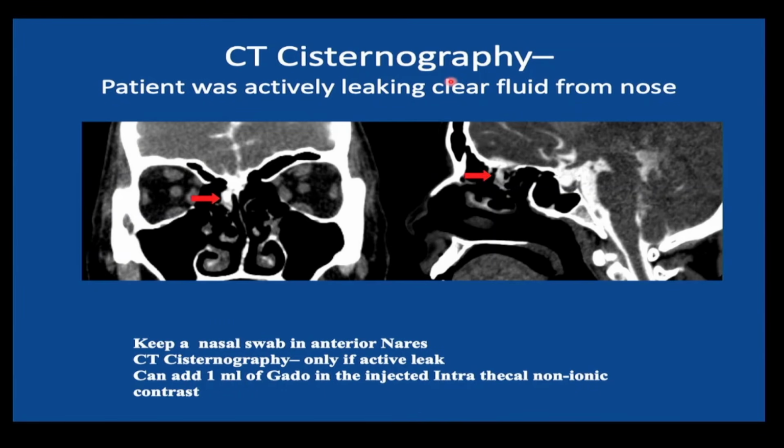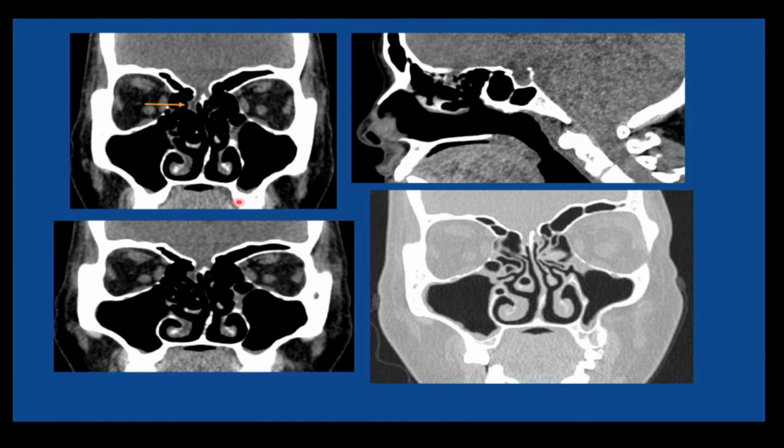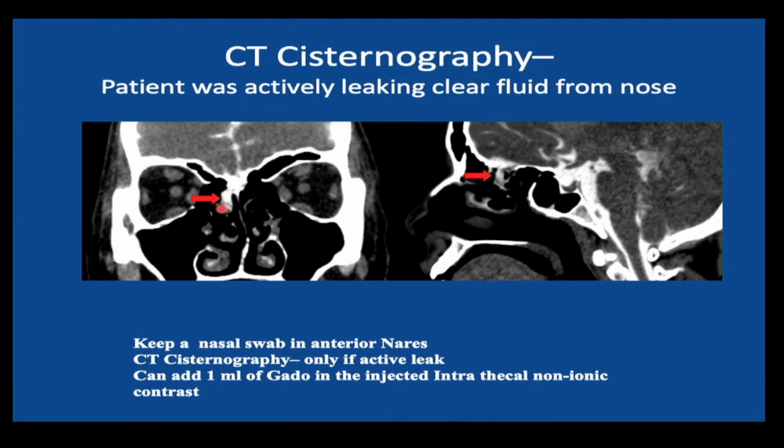So we did it when the patient was actively leaking, and you could see this is the same patient, same area is getting opacified by the contrast that we injected via lumbar puncture, and it is getting into the ethmoid and the nasal cavity.